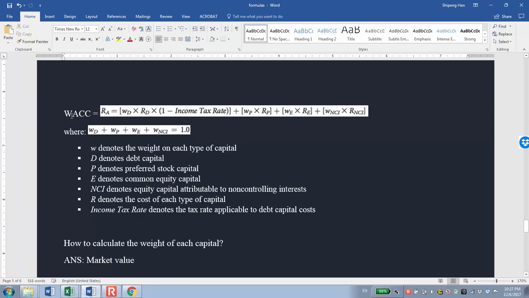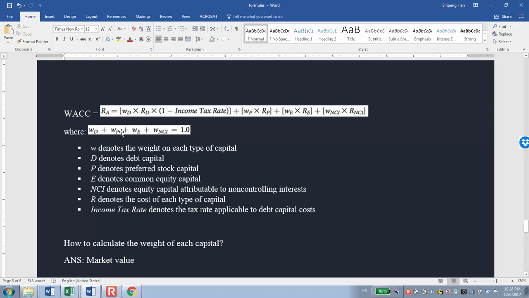So to calculate WACC, we should know all these variables. If the company only has these four types of capital, the weights just equal 1, representing 100%.